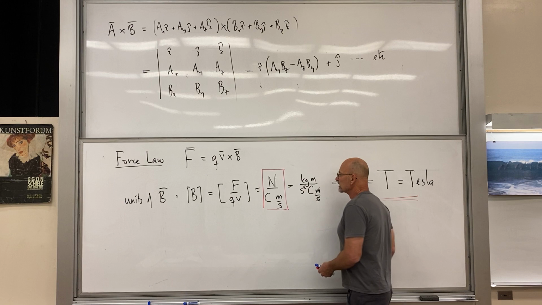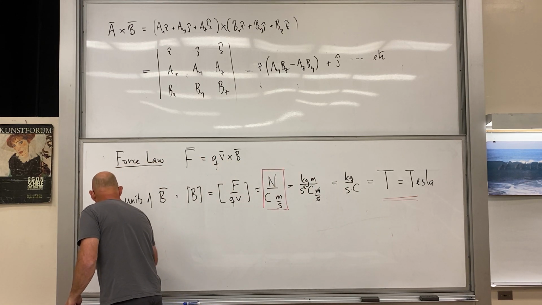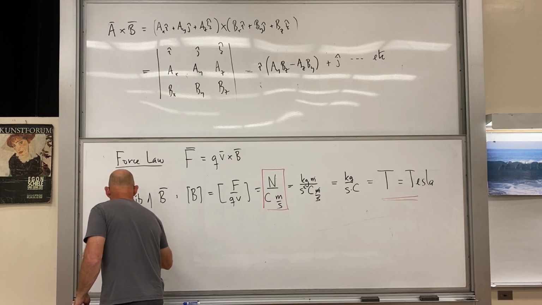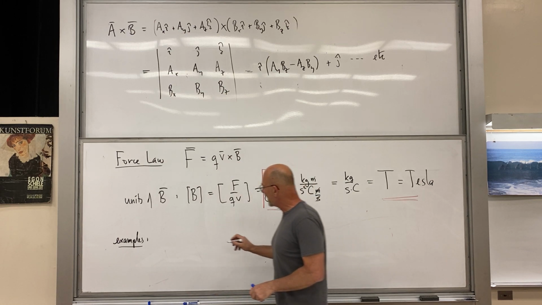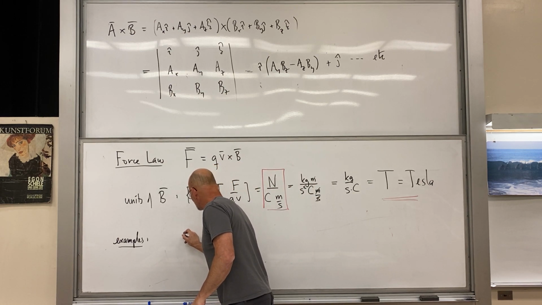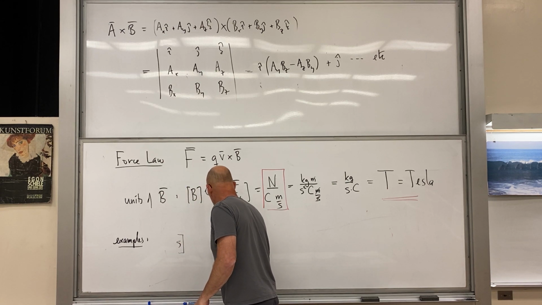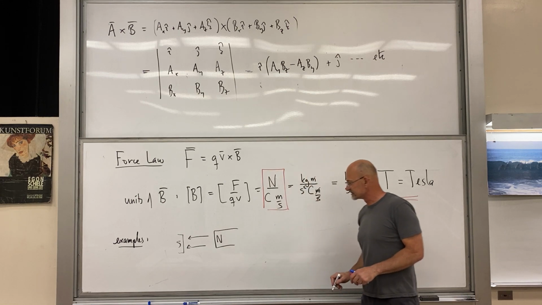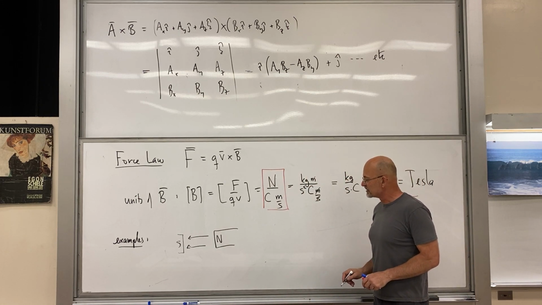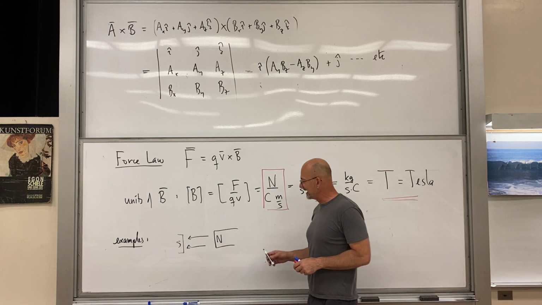Okay, now let's go ahead and look at some examples of the motion. So suppose we have, since we started with this, our south pole here, a north pole there, so we know that B is pointing in that direction. And suppose we send a particle into the board.